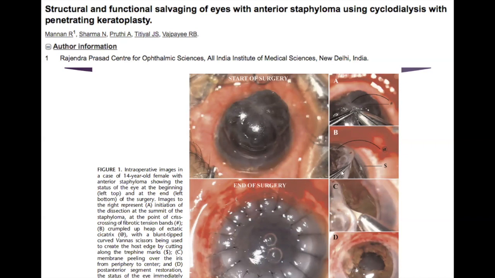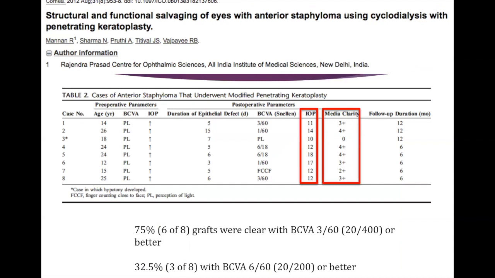And before trephining, they entered the eyes in the central area to perform some dissection first to free up the iris from the cornea. In the 8 eyes that they had, all of the patients had normal intraocular pressure, and about 7 out of the 8 patients had pretty clear grafts. Maybe just 1 other patient had only a 2+ hazy graft, but most of them did well at either 6 or 12 months follow-up, and their vision was pretty good.